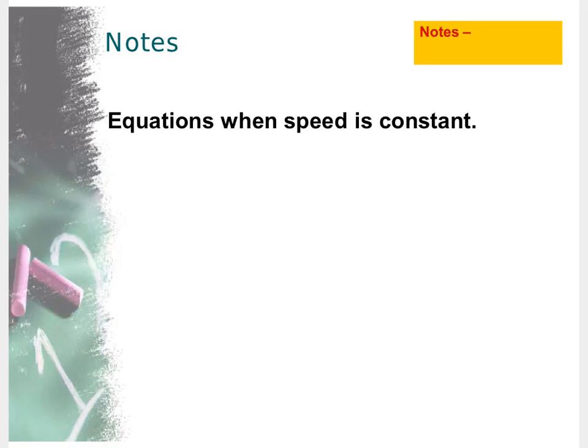It turns out that there are a couple of equations that you can write when angular speed is constant. Now, if you go way back to Unit 1, when we were talking about linear motion, motion in one dimension, we know that when the speed is constant, you can write that speed equals the change in distance over the change in time.